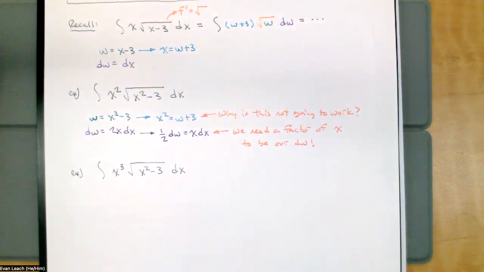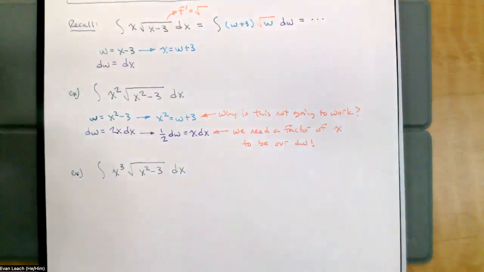Now I've got 3 extra factors. One of them is going to be my dw. The other 2 can be converted into w as well. So now this trick will work.